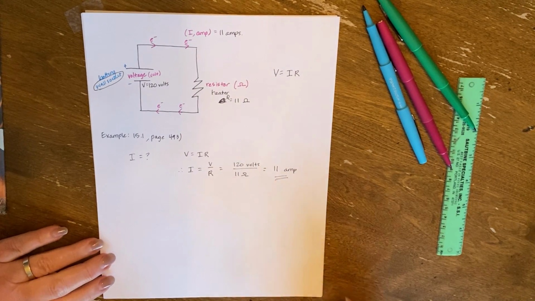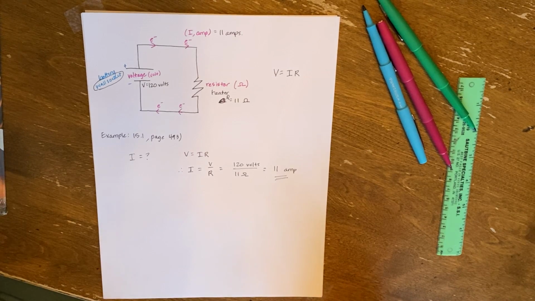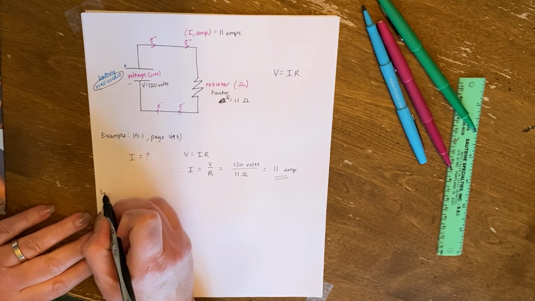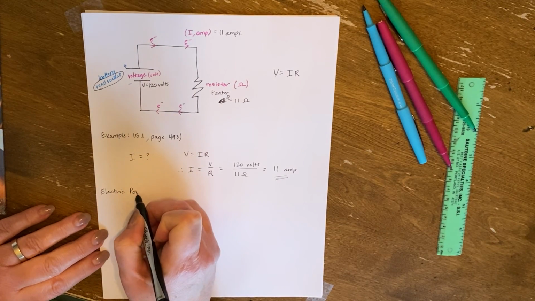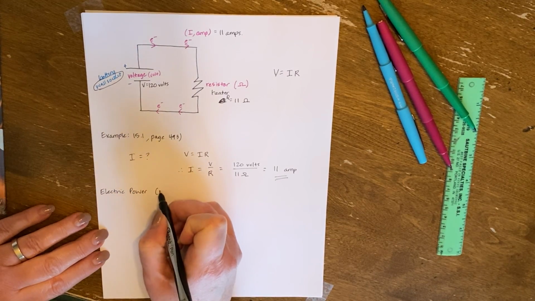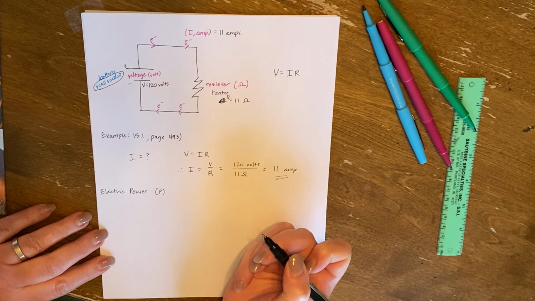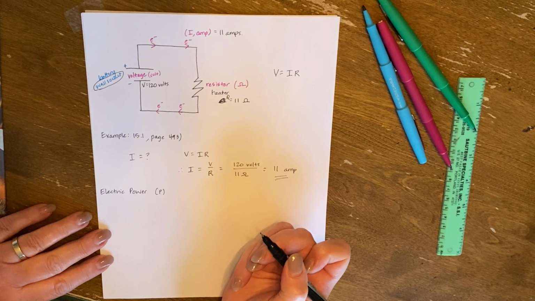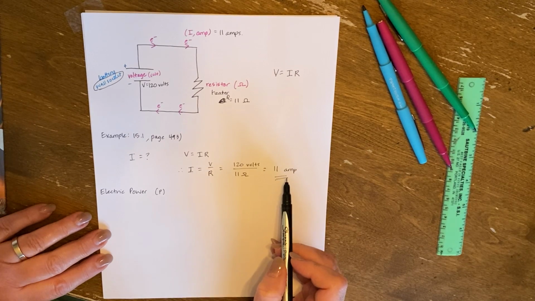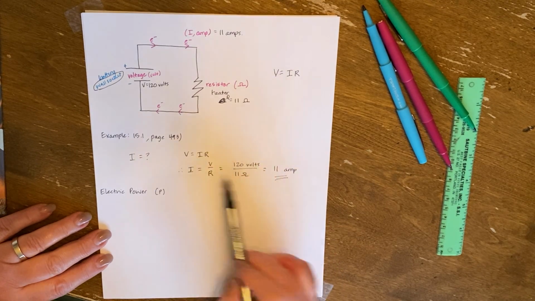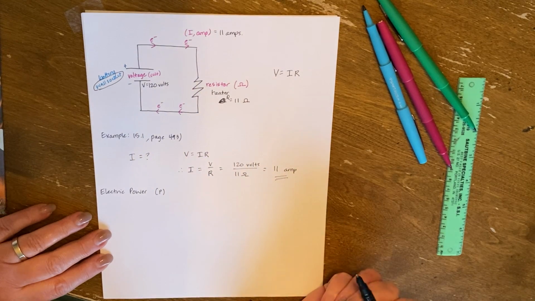All right, and then the final topic we are going to cover is electric power. Power is abbreviated with a capital P. We know from here that 11 amps is a lot of current, but it'd be nice to know how much heat that's actually going to generate with the space heater.